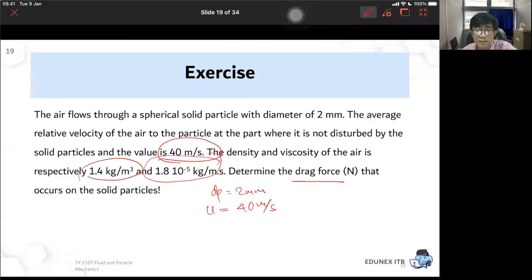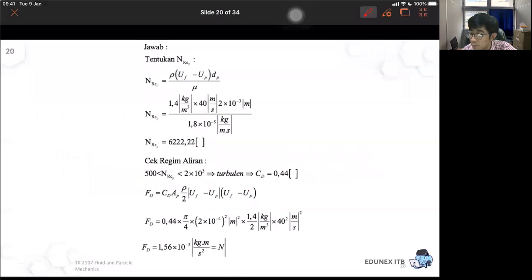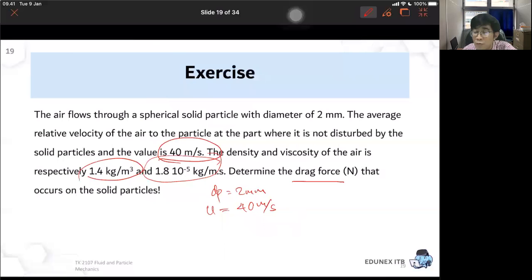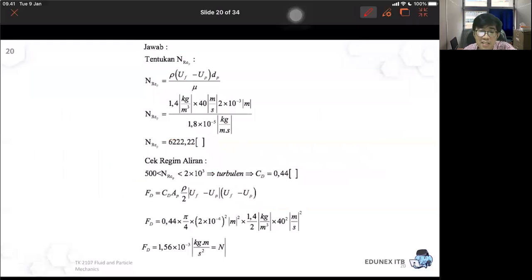Okay. There is some calculation on the next slide, but I will give you around 5 minutes to try to calculate and to check whether the answer in this solution is correct.